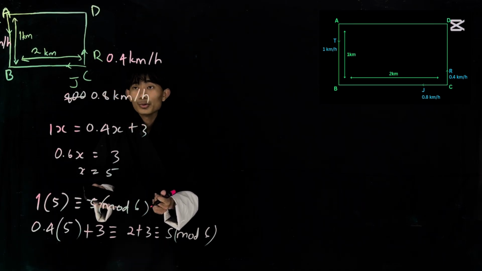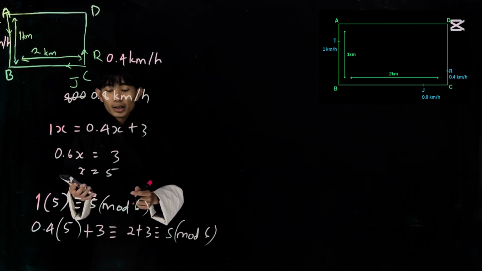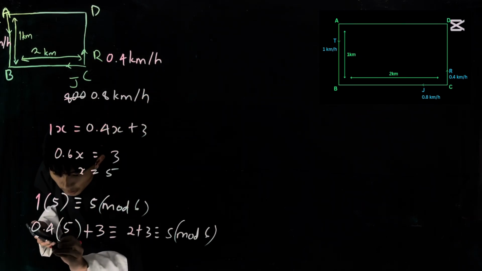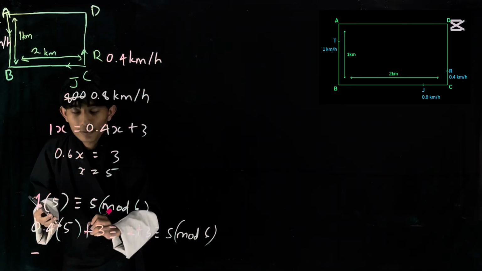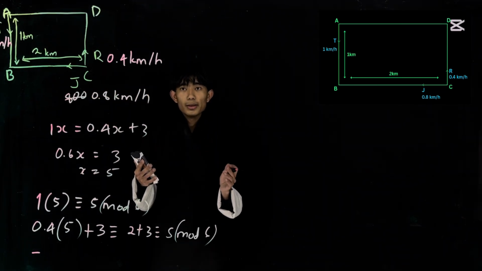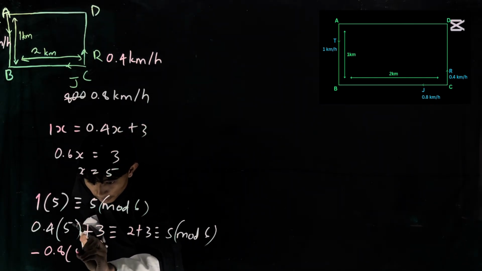So now what we have to do is calculate the position of Jigme and see if he resides at position 5 mod 6 or not. Jigme's position will be, we'll use negative over here because he travels in the opposite direction, so it will be negative 0.8 times 5.